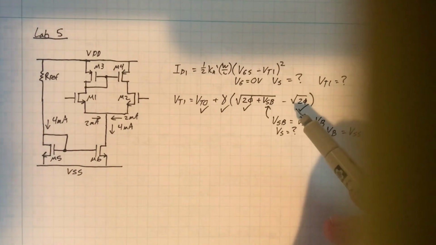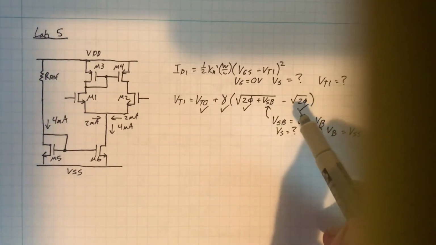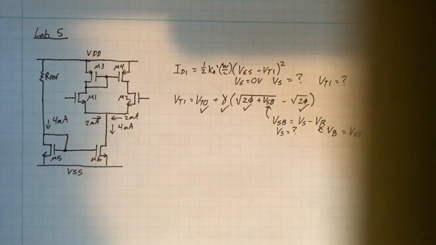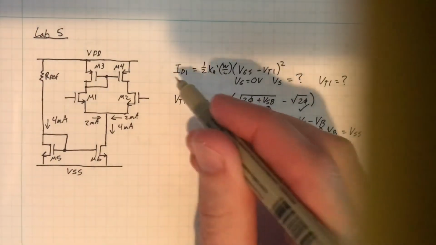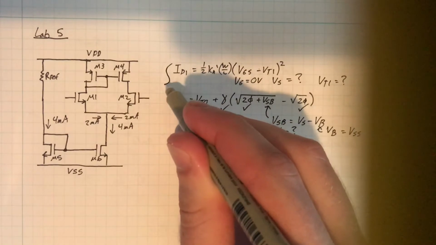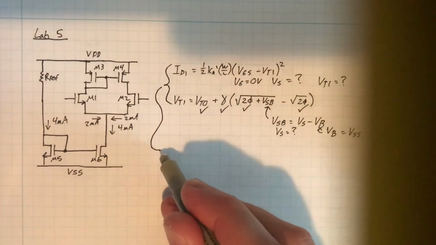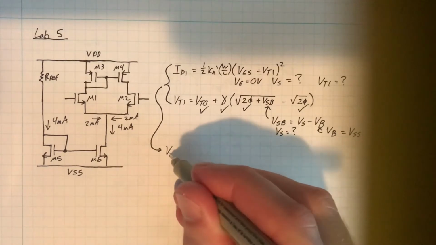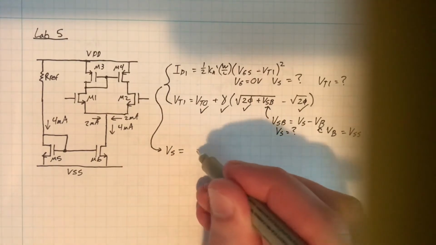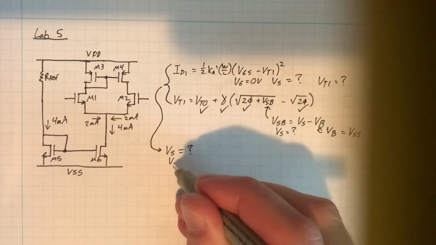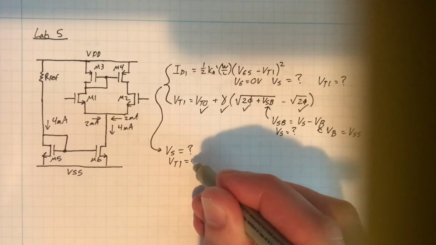If you solve this, it'll be a quadratic, and you'll have two results, but only one set of results will make sense. But you can solve these two equations and you will figure out what VS equals, and you'll figure out what Vt1 equals.